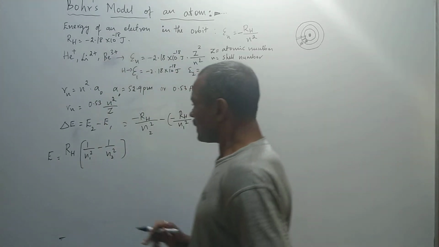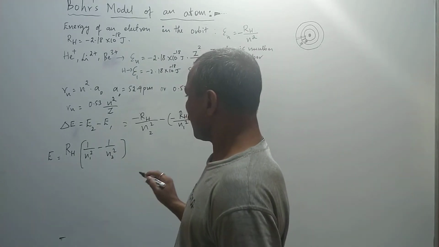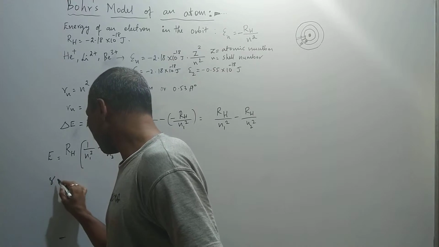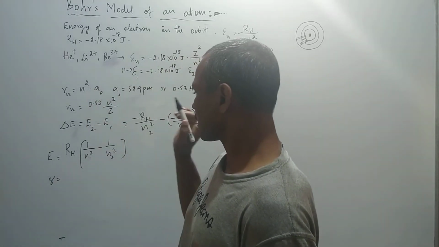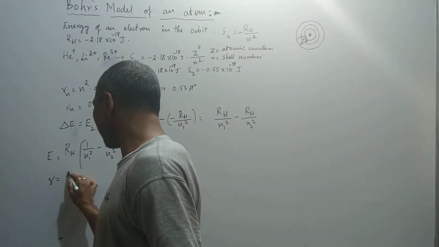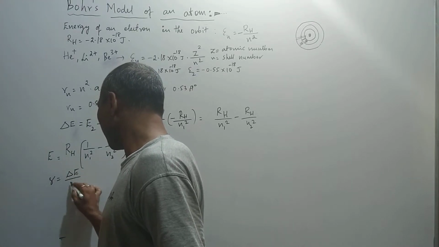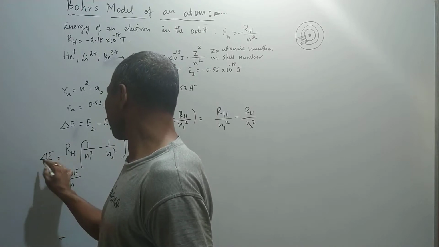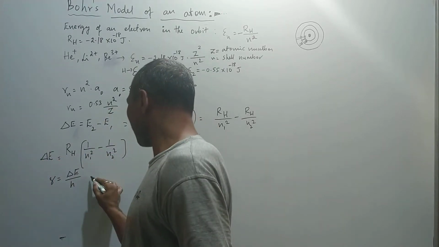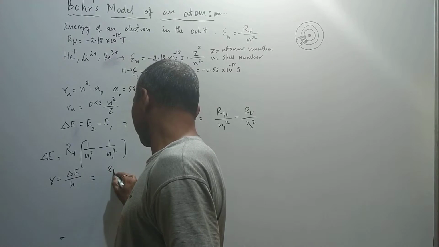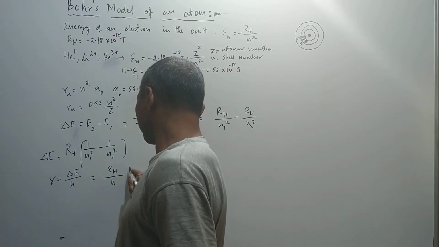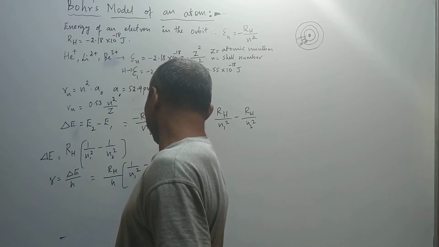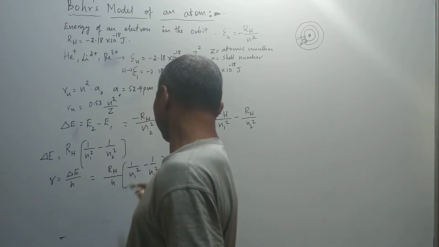Now the frequency that is considered here, as you must have known, is delta E by h. So if I put this as the change in energy, the value will become RH by h into 1 by N1 square minus 1 by N2 square.